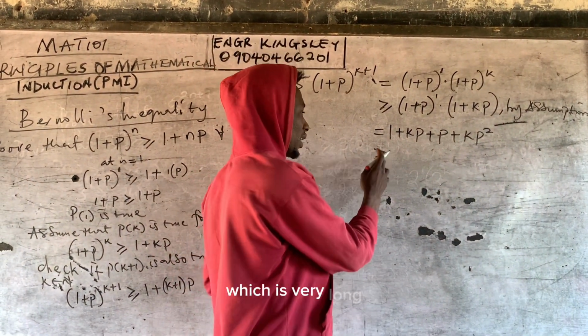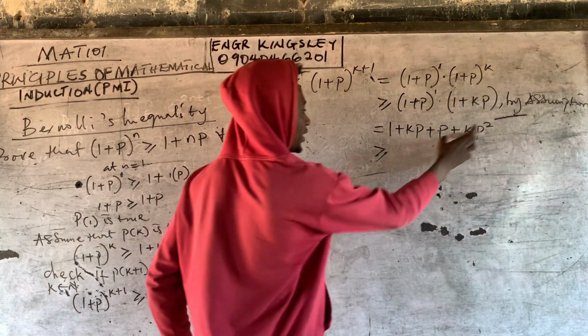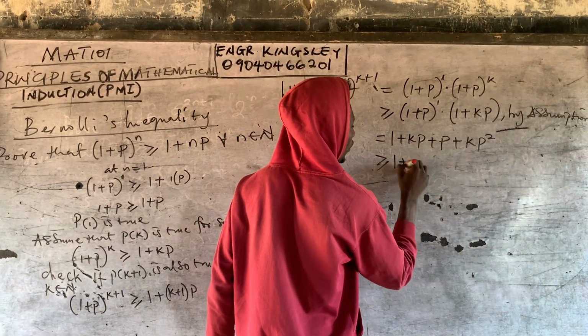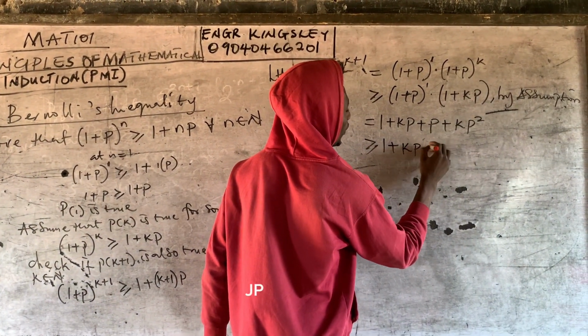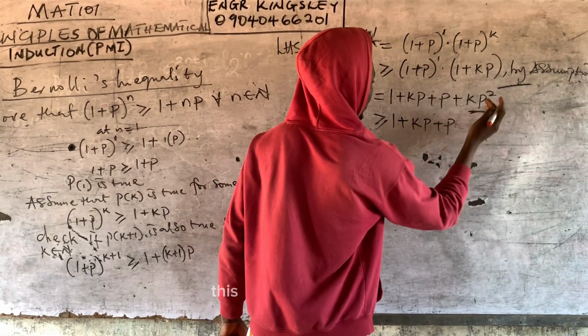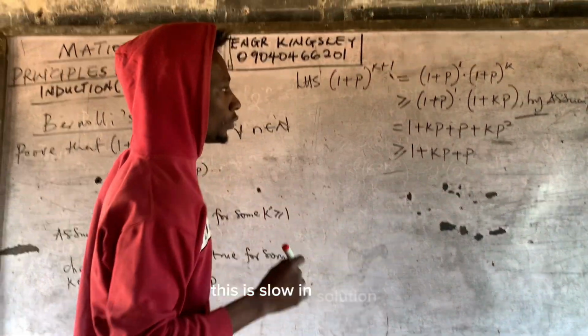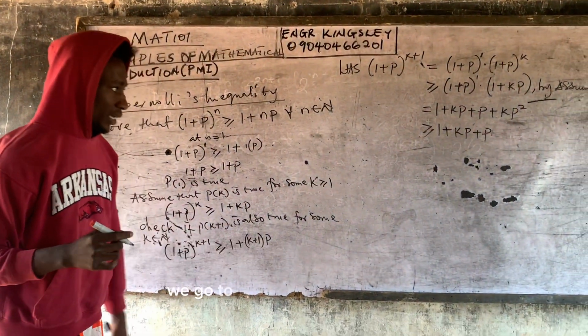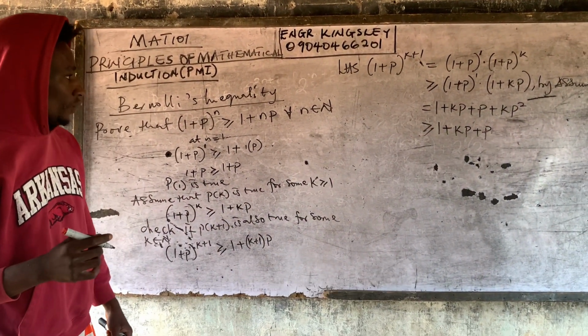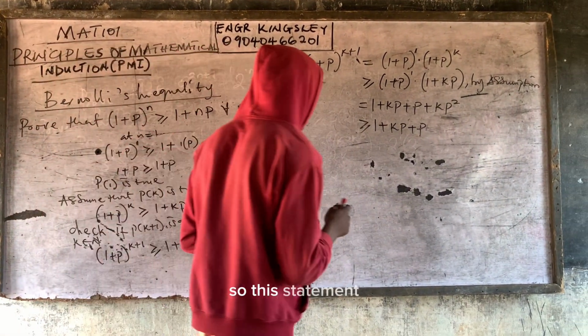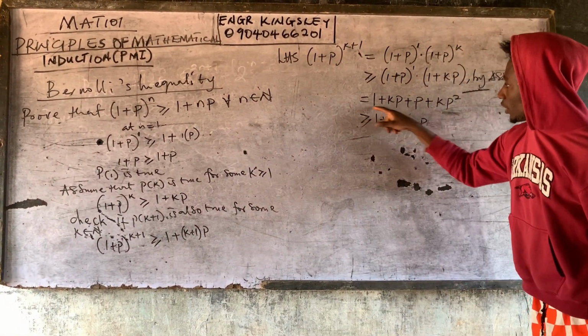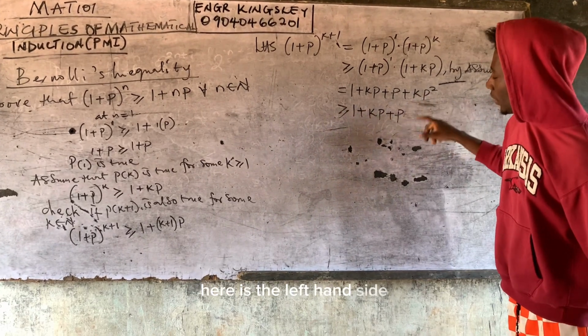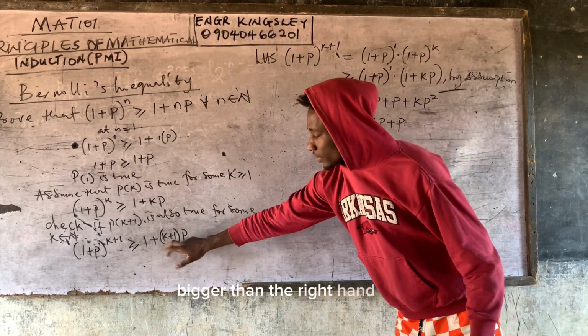We have to eliminate it using the inequality sign by changing that term there to be 1 + kp + p. This is allowed in the solution because we are trying to prove that this left hand side is greater than or equal to the right hand side. So this statement here is the left hand side, and we know that this is bigger than the right hand side.